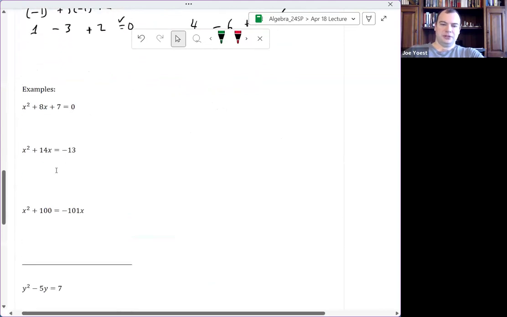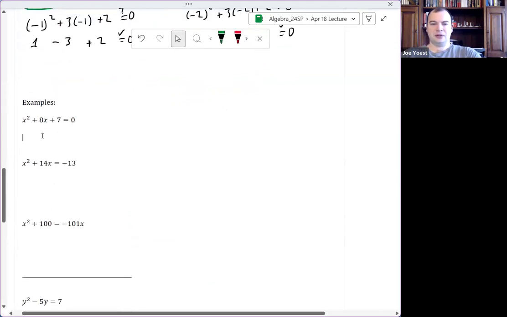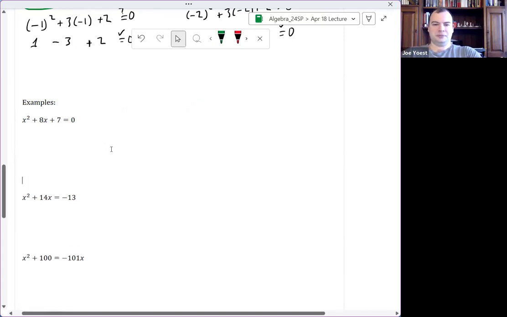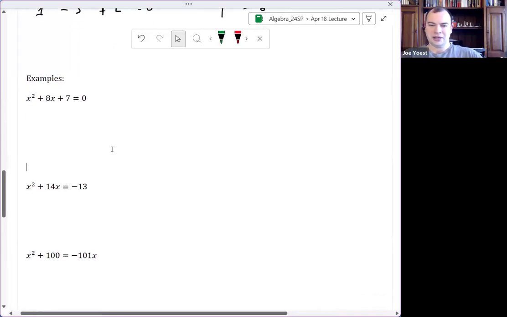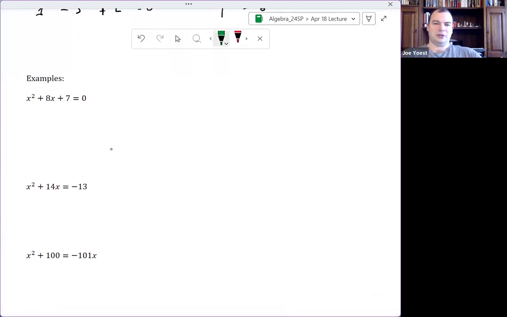So let's work through a few examples. Let's take this for example, x squared plus 8x plus 7 equals 0. Let me zoom in just a little bit here, make it easier for you to see.